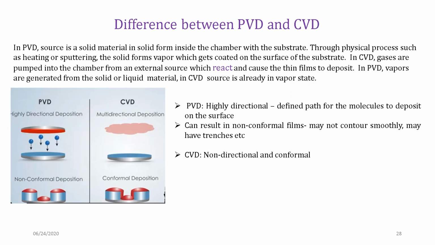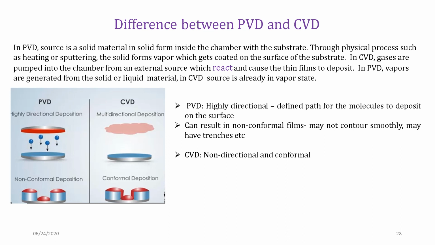So why do we need physical vapor deposition in some cases, and why do we need chemical vapor deposition in other cases? We need physical vapor deposition because it is highly directional, which means you have a critical path defined for the molecules. Most of the time it's towards the substrate and it deposits exactly on the surface of the material. But the problem is it can give rise to non-conformal deposition, which is sometimes good and sometimes bad, which means it may not be smooth throughout here.